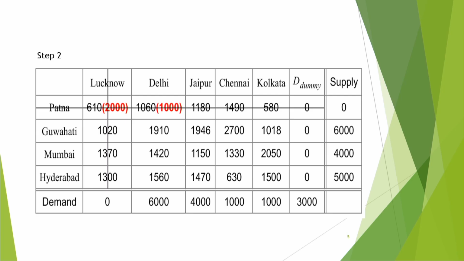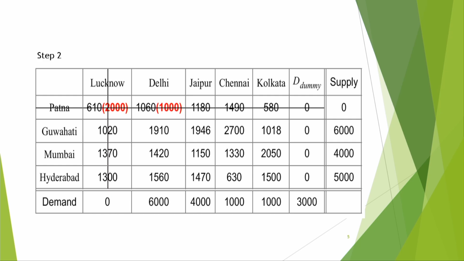I cannot give anything more to Lucknow, but Patna has 1,000 extra. So I go this side, and that entire 1,000 I have given to Delhi, and now Patna's story is finished. Lucknow is also finished, so we will not give anything here.